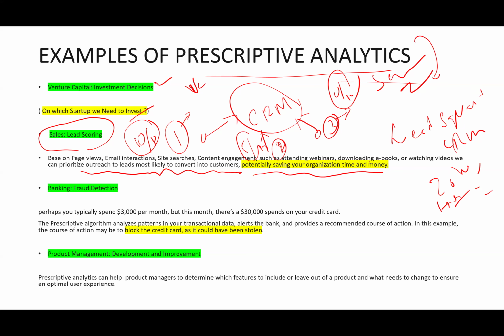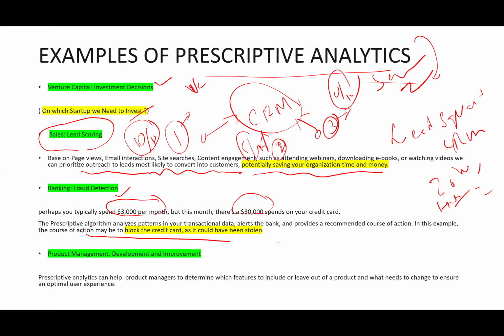Similarly, what is another example of prescriptive analytics? Bank fraud detection. As I told you, if Tanvi is spending some $3,000 per month, and suddenly next month she spends $30,000, there are prescriptive models running behind in the banking system which will alert the bankers to block Tanvi's credit card, so that it won't be misused or stolen.